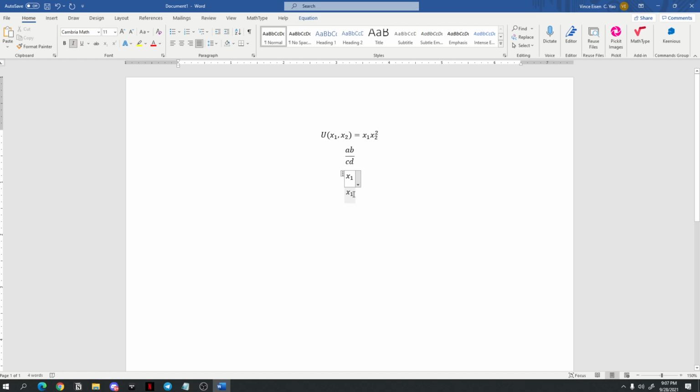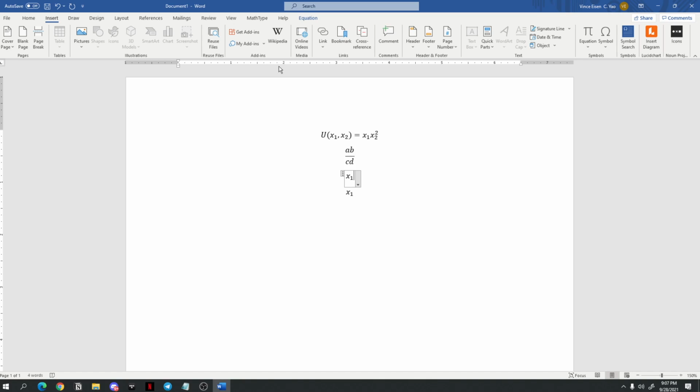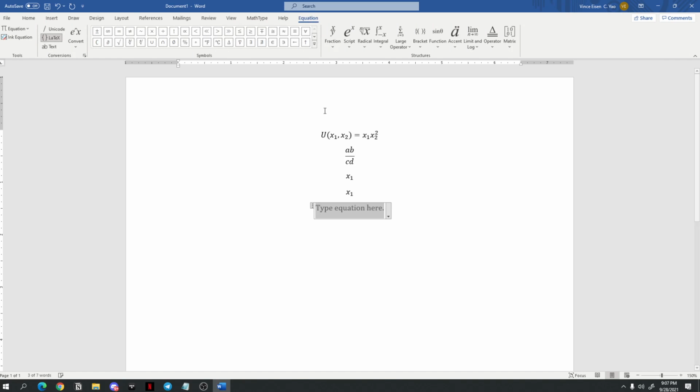But in Unicode, you get to see the individual variables and the individual terms that you put in your equation, which makes it a bit more intuitive than writing in LaTeX. So another nice thing with using Word's editor is, for example, I wanted to type sigma in, and let's just say that I don't know the code for sigma, and I go to Unicode.